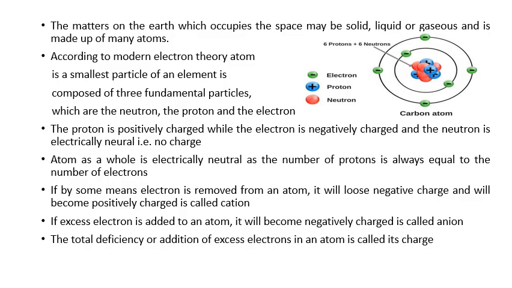Now let us study these fundamental electrical concepts one by one. As you know, I think you might have studied the atomic structure in previous studies, that is what exactly the atom means and what exactly the atom consists of. Whatever matter is on the earth occupies space in 3 modes: solid, liquid and gaseous.